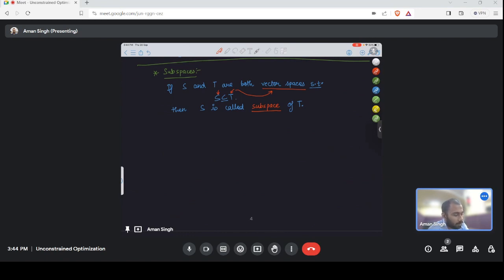Both have to follow the above properties, and one of them has to be a subset of the other. Then S is called the subspace of T.